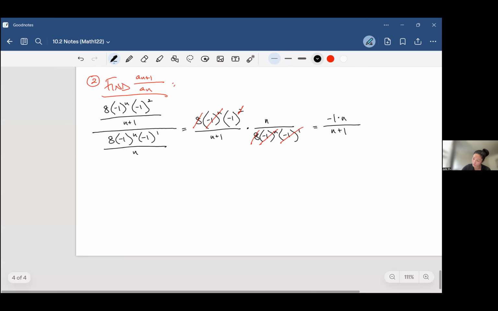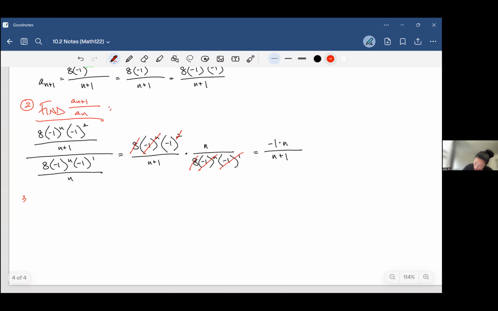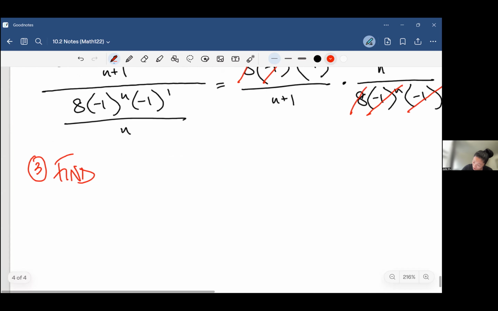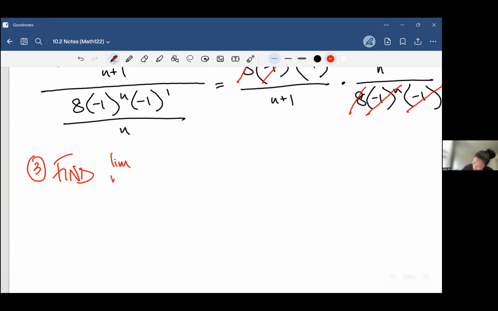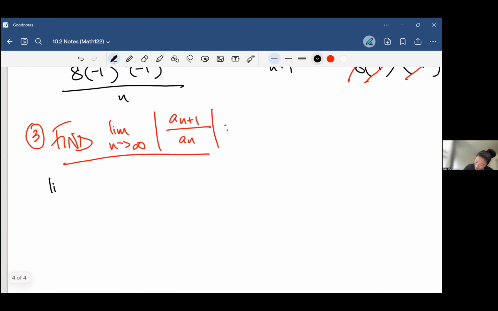Okay, so our third step, we're going to find our limit as n goes to infinity of the absolute value, that's actually going to be important here, of that ratio. Okay, the limit as n approaches infinity of, what did we get?